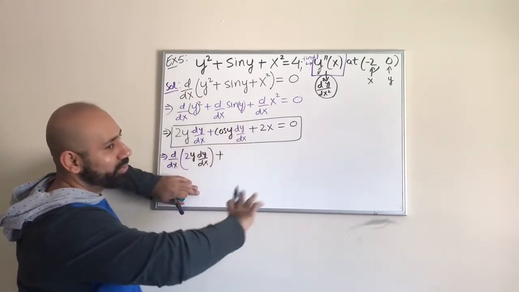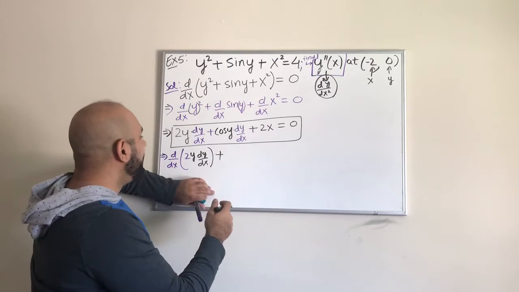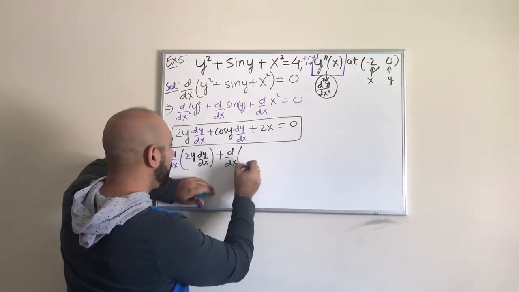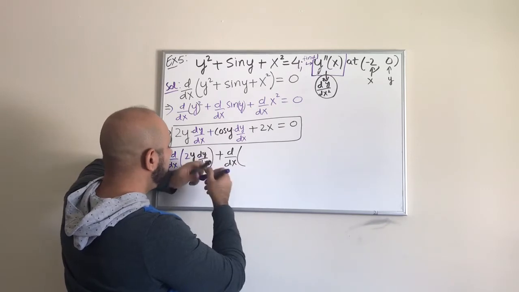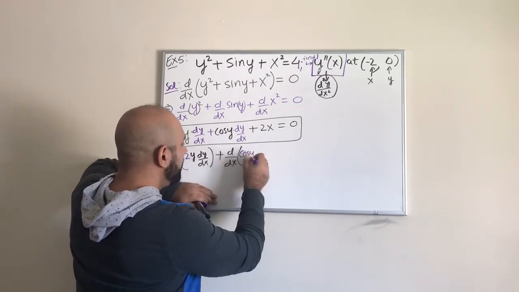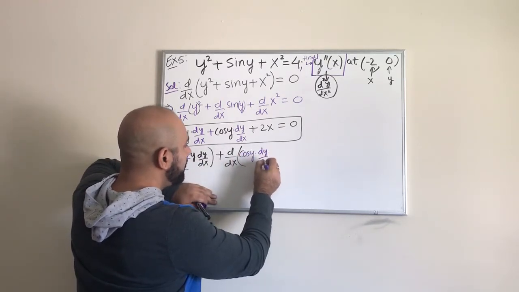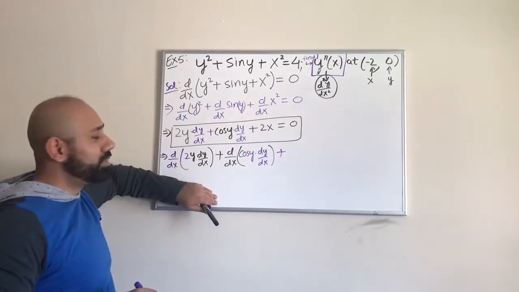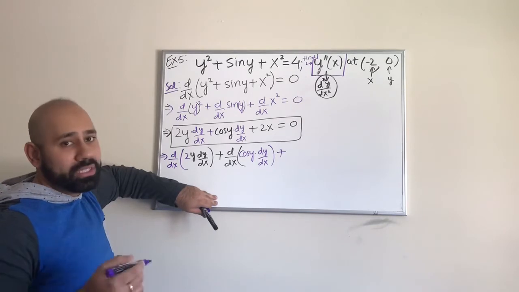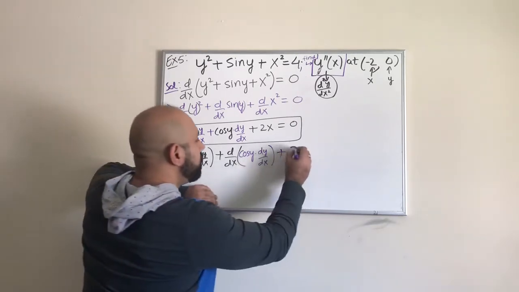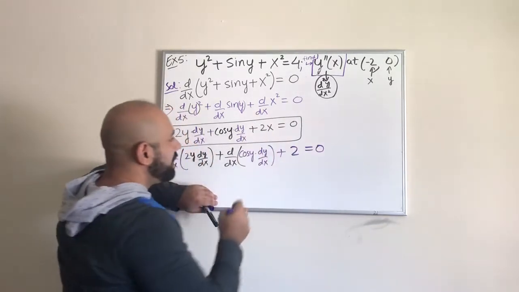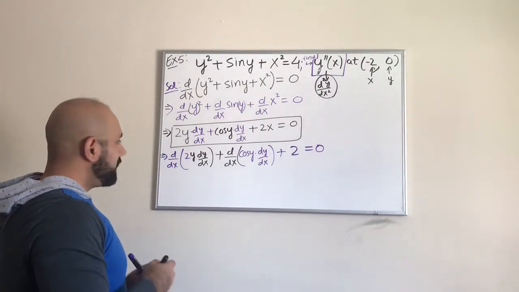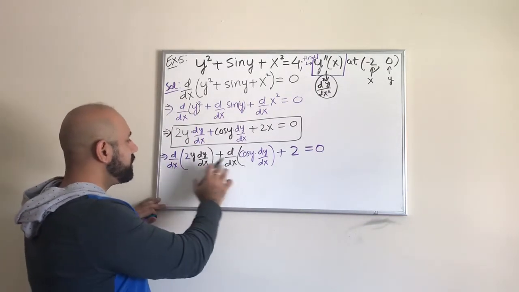Because I don't have so much space here, I'm just trying to save some time and space. So d over dx of cosine y times dy over dx, and then the derivative of this 2x, guys, I don't have to really write the notation. We know that the derivative of 2x is just 2. We have already done that so many times. The only two pieces that are really challenging here for me are these two pieces.